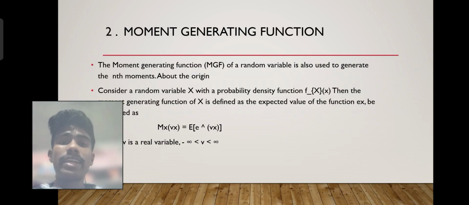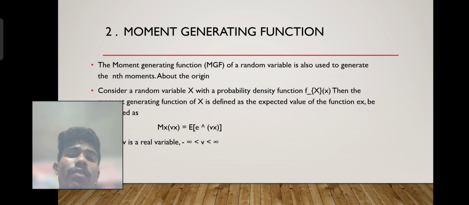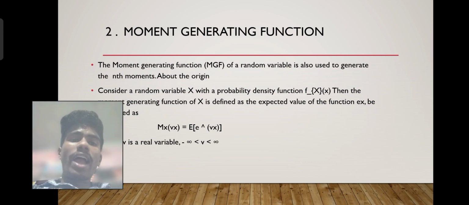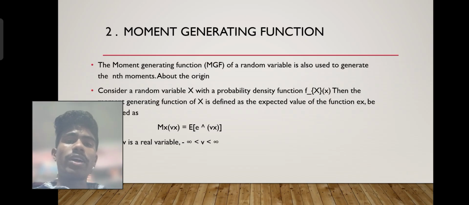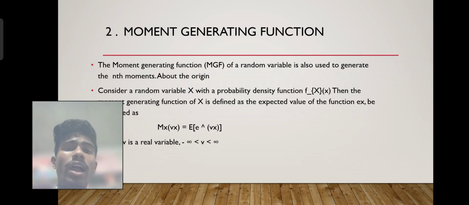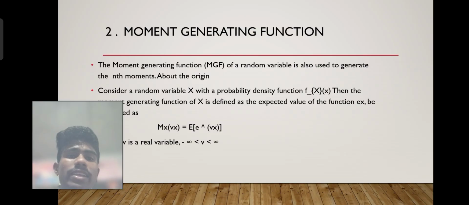Then the moment generating function of X is defined as the expected value of the function e^(vx). It can be expressed as M_X(v) = E[e^(vX)], where v is a real variable from minus infinity to infinity.